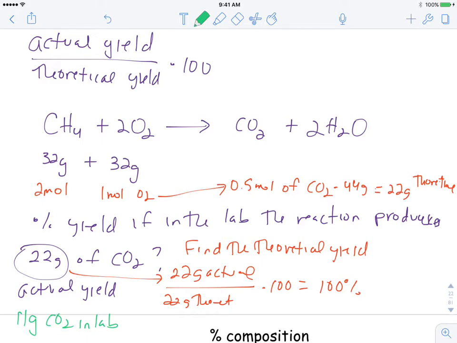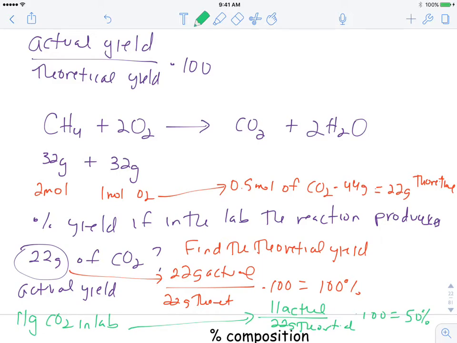So when I try that one in green here, my new calculation would be 11 for the actual over my 22 grams for the theoretical, and times 100 there, so now we're down to a 50% yield. So be careful with this. If they give you a number for the product formed in the problem, that's the actual.